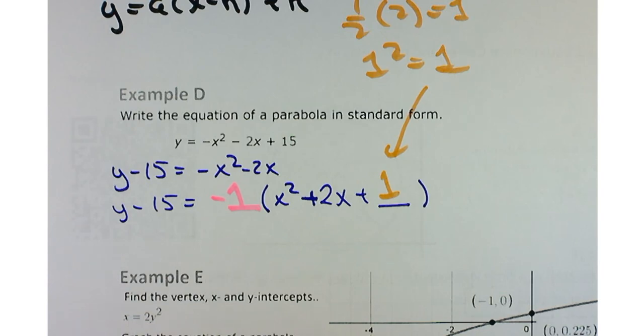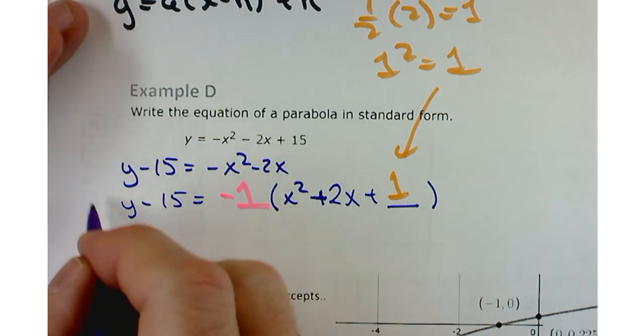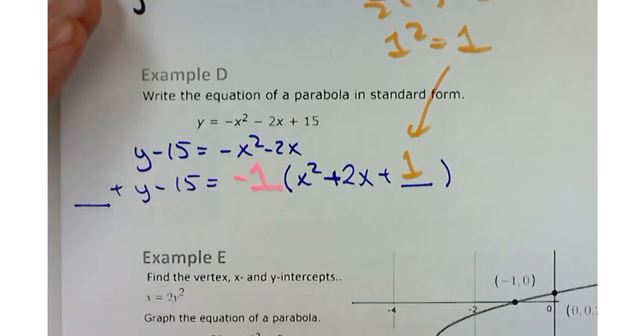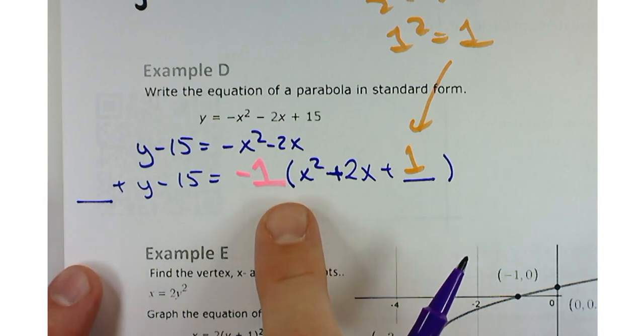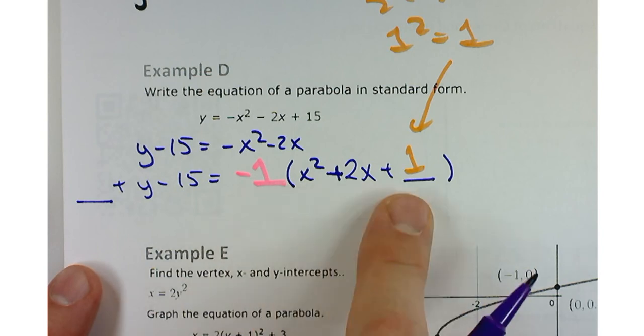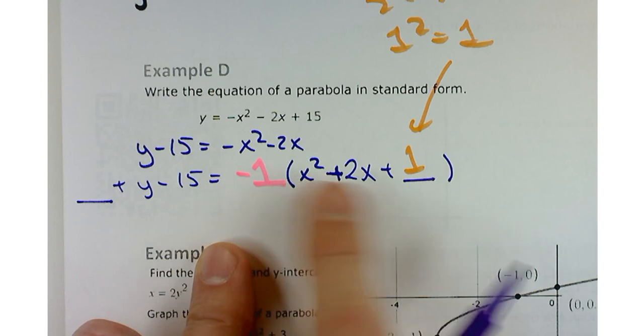This is where it gets a little tricky. If I put a 1 in here, what do I have to put on the left-hand side to keep it in balance? And the answer is not 1. Oh, -1. If you distribute this, I'd get a negative x squared and a negative 2x.